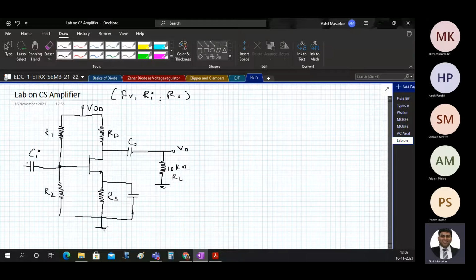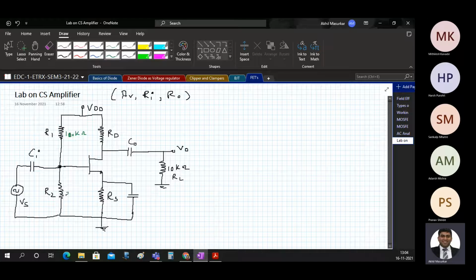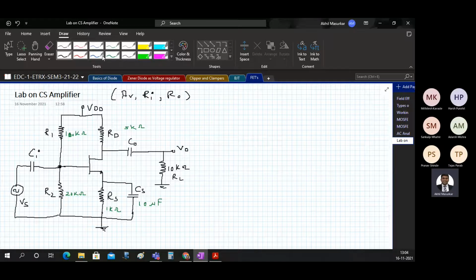Okay, so here we will have Vs. Let's put the values here. 100 kilo ohms, 20 kilo ohms, here we have 5 kilo ohms, here we have 1 kilo ohm, this is 10 microfarads, and then we have two input capacitances.